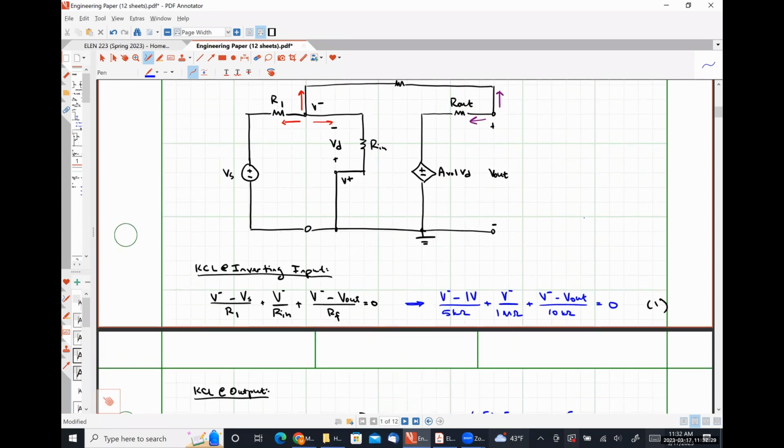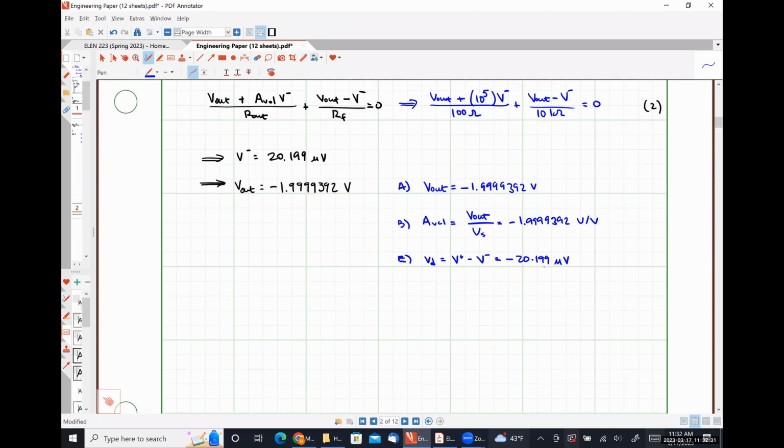So for C, Rn will be equal to that voltage, which was 1 volt. Actually, let me write this out symbolically and then we'll throw numbers in so it's not too confusing.